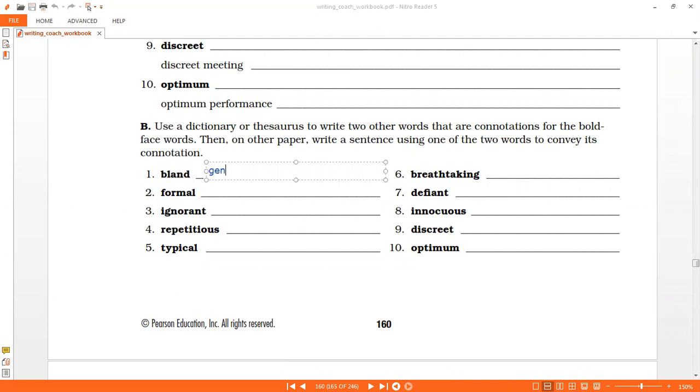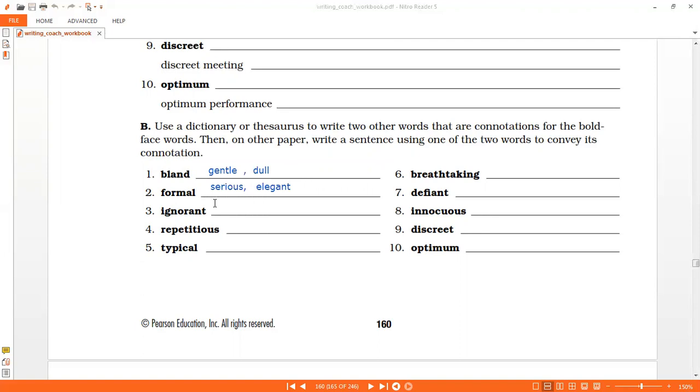Bland is gentle and dull. Formal is something very serious and elegant.